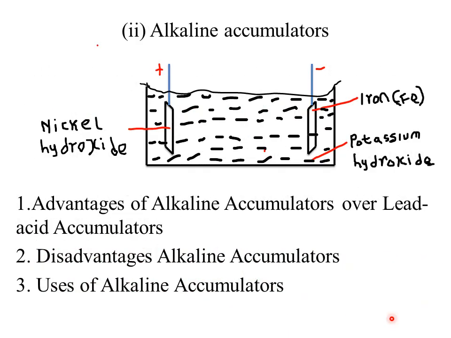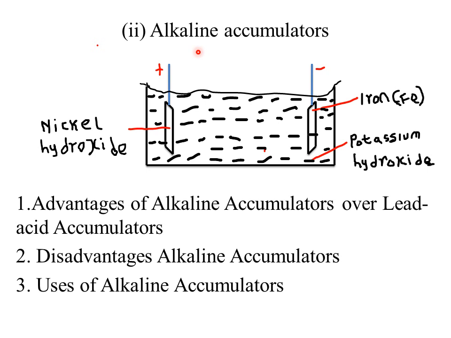Lastly, we look at what we call an alkaline accumulator. Alkaline because the electrolyte used is an alkali, or simply basic in nature. It is a base. So in an alkaline accumulator, the electrolyte is simply an alkaline solution, hence the name.